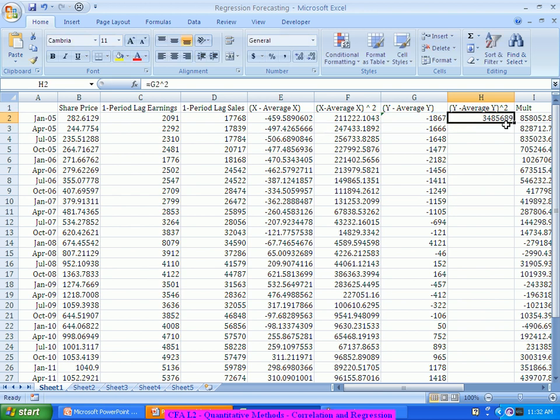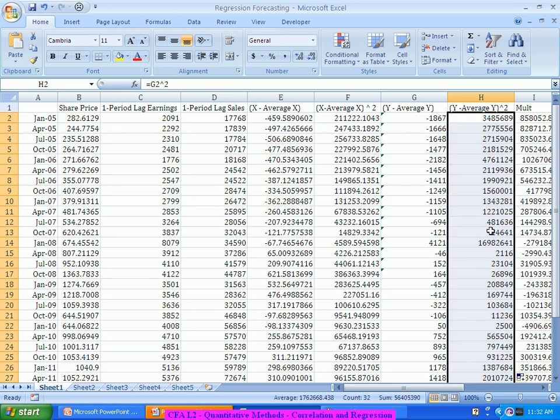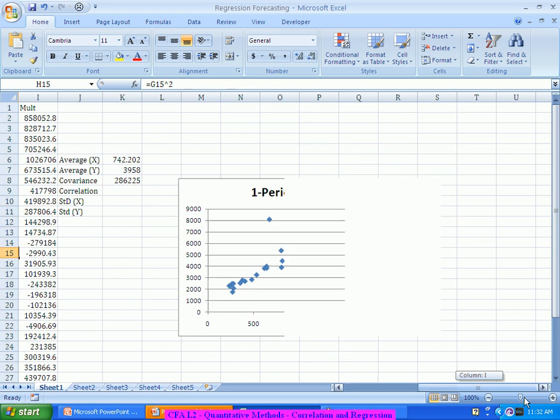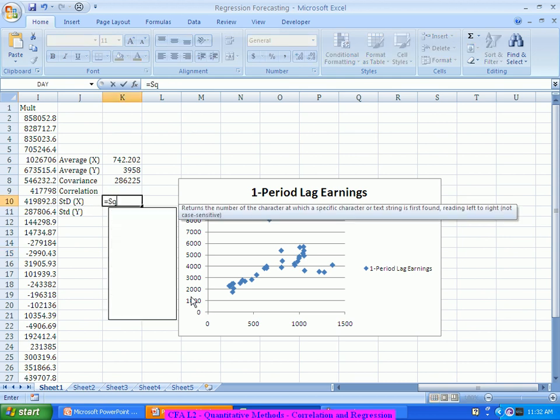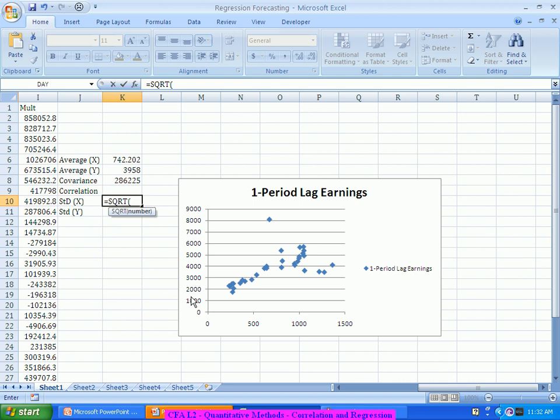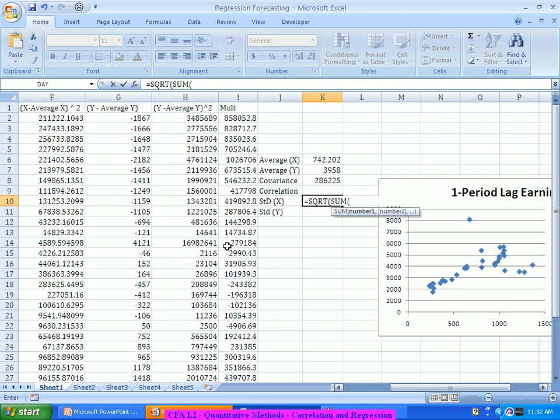Alright. Now my standard deviation is nothing but x minus x bar squared added up, divided by n minus 1. So here I am taking the square root of the summation of x minus x bar squared, divided by n minus 1, which is 31 again in our case.